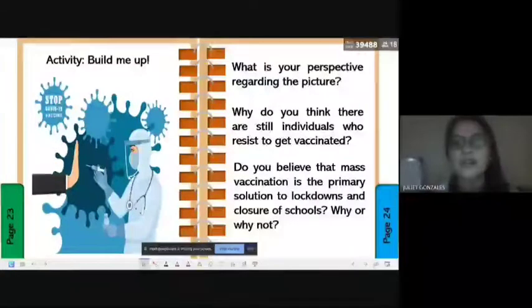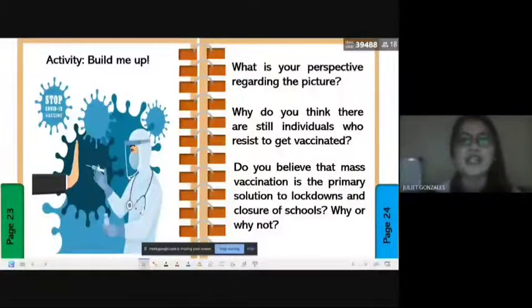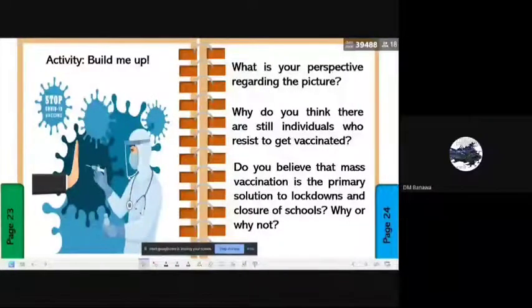Okay, last question for this picture. Do you believe that mass vaccination is the primary solution to lockdowns and closure of schools? Why or why not? Anybody? Yes, DM. I don't believe that mass vaccination is the primary solution to lockdown and closure of schools because it is shown that mass vaccinations do not really help against the virus; it only helps a little bit.